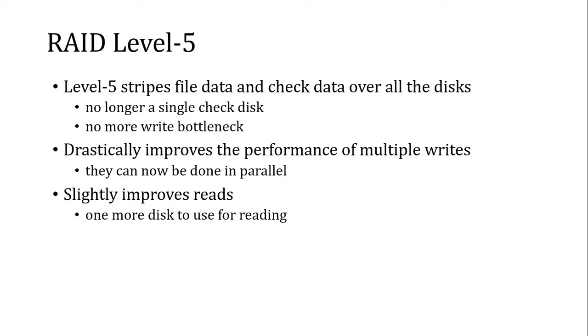The write process is a bit faster, and it also improves the performance ratio. Multiple writes are possible in RAID level 5, so it drastically improved the performance. The write operation is now done in parallel.